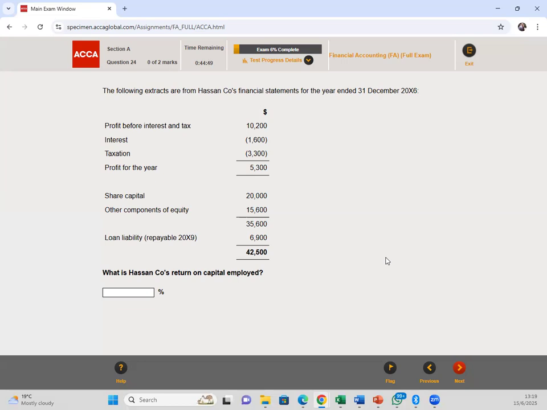You're not calculating. Then again, the capital employed, you are given, because the equity is 35.6 and the non-current liabilities is 6.9. So you're simply saying 10.2 divided by 42.5 times 100.